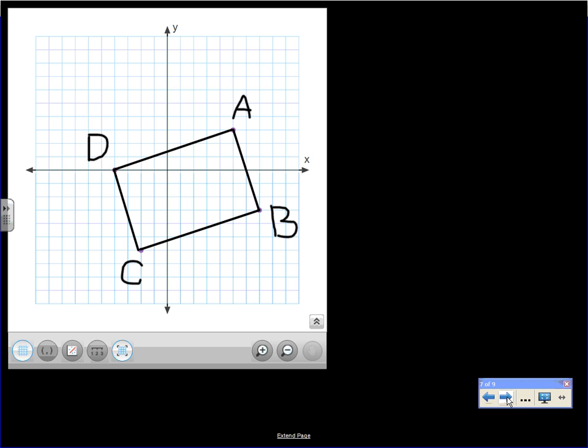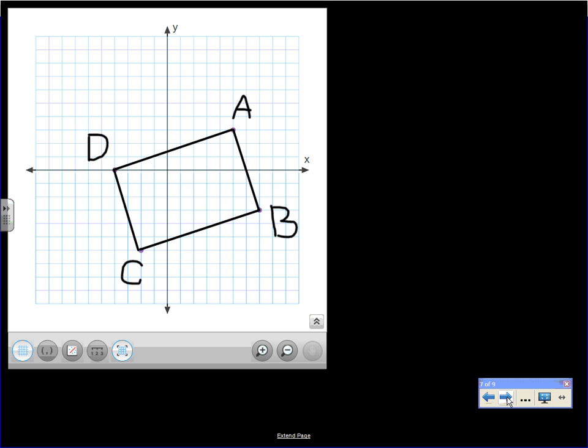Okay, we have a quadrilateral here that kind of looks like a rectangle. Well, we have to figure out if it is a rectangle.